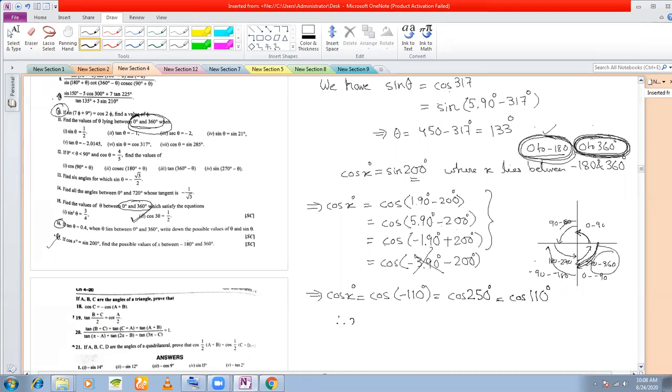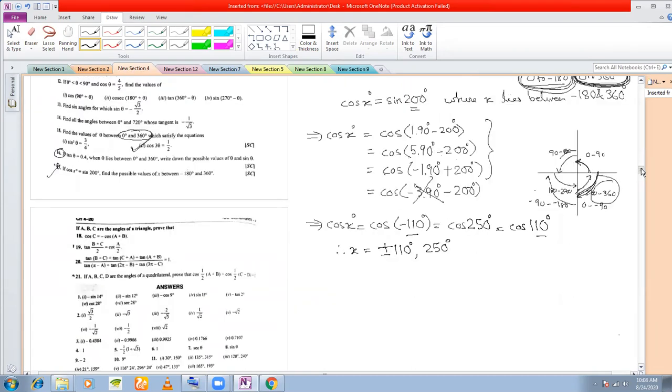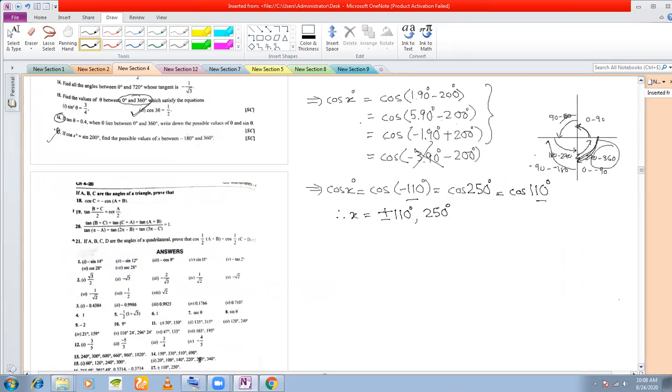So what are the angles? I have minus 110 and plus 110, plus or minus 110, two angles, and the third angle is 250 degree. Okay, clear?